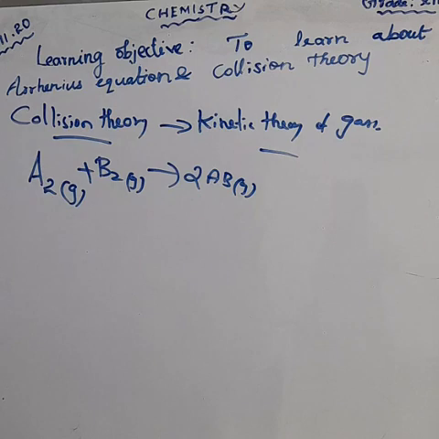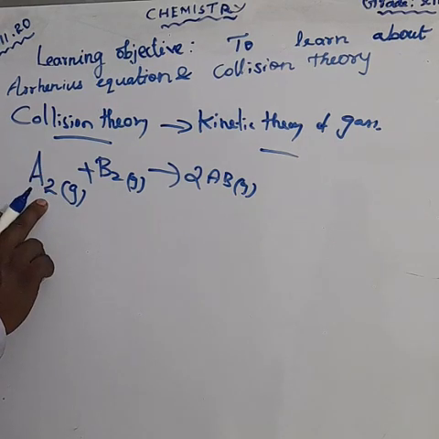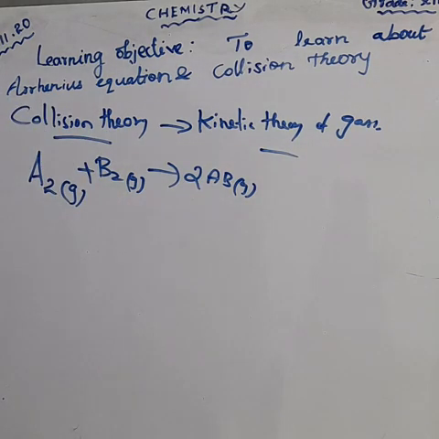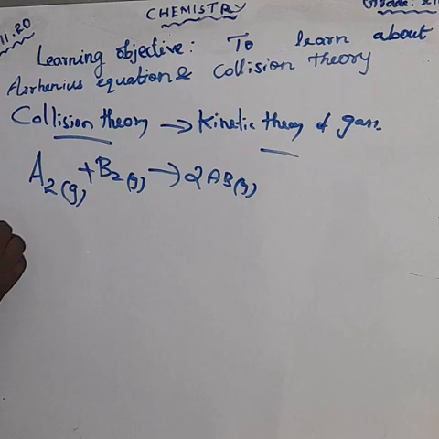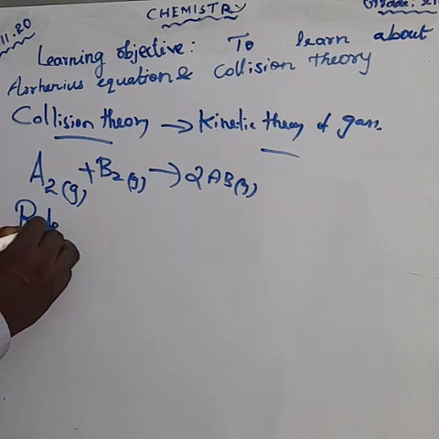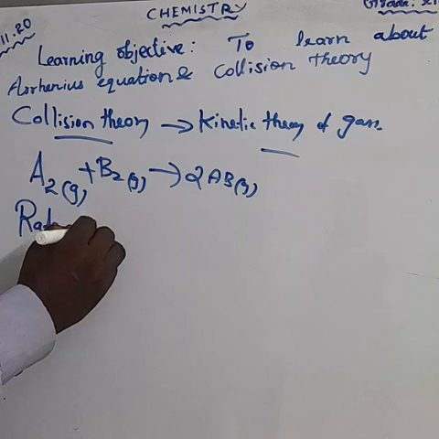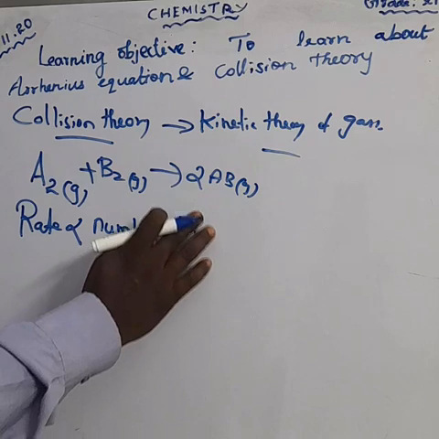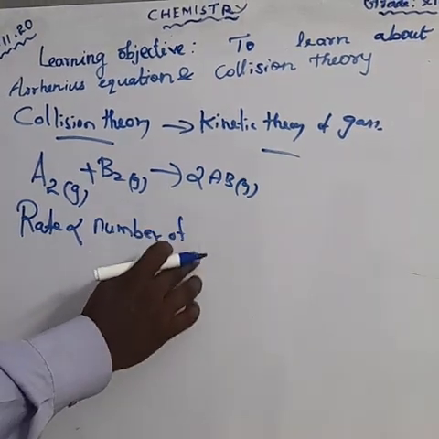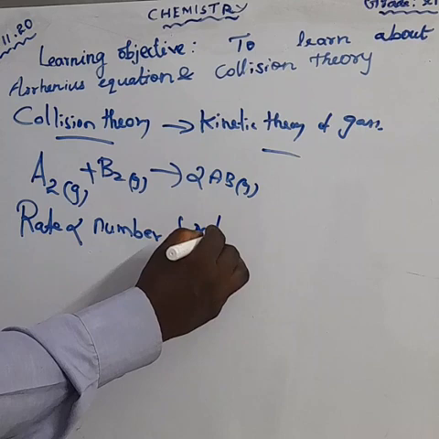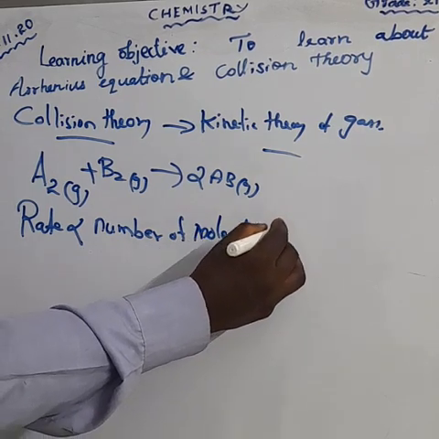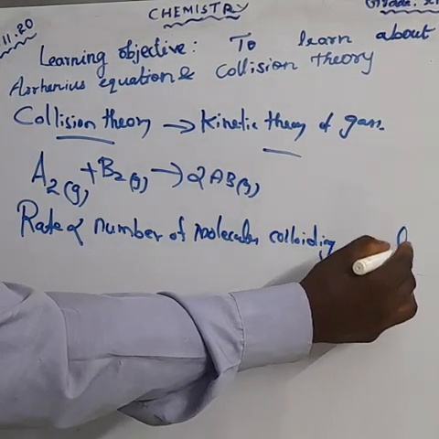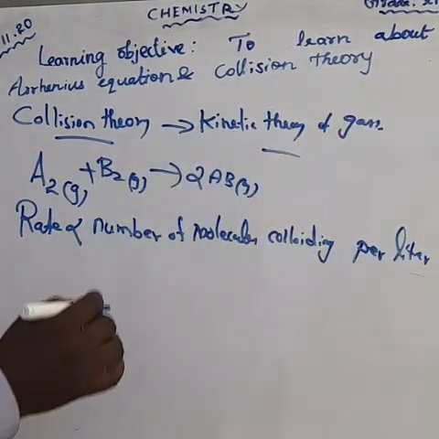Anyhow, if we consider that the reaction between A2 and B2 molecules proceeds through collision between them, what about the rate? The rate would be directly proportional to the number of colliding molecules, the number of molecules colliding per liter per second.